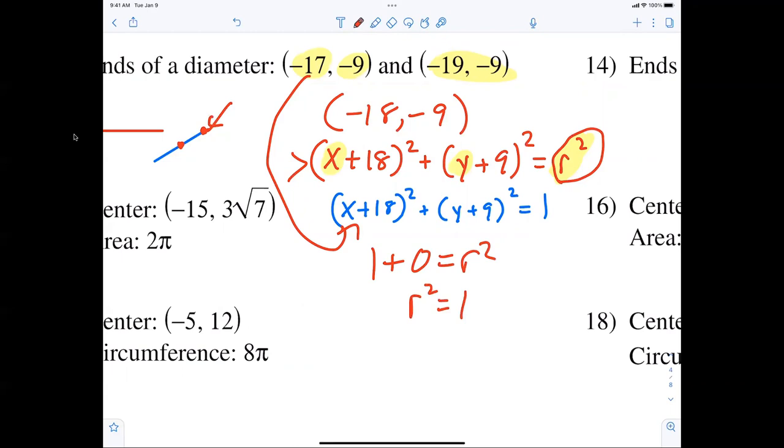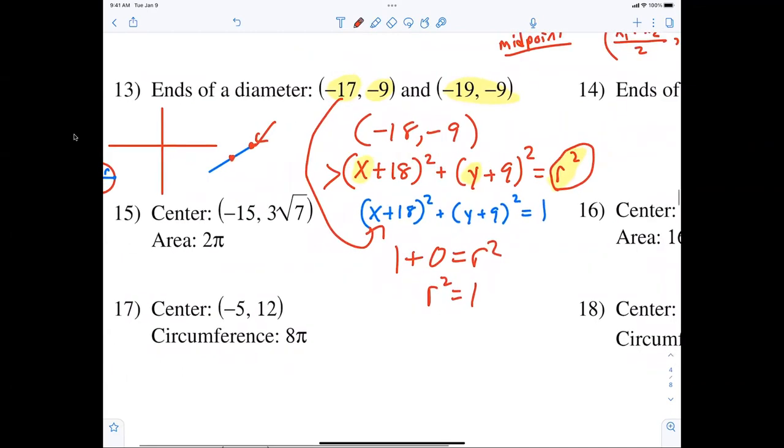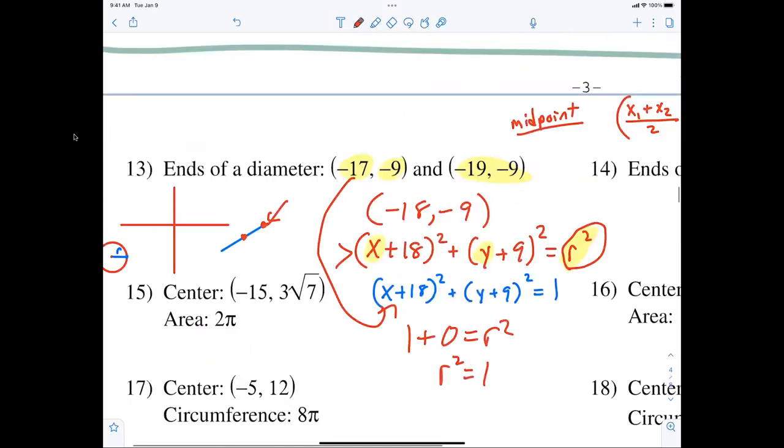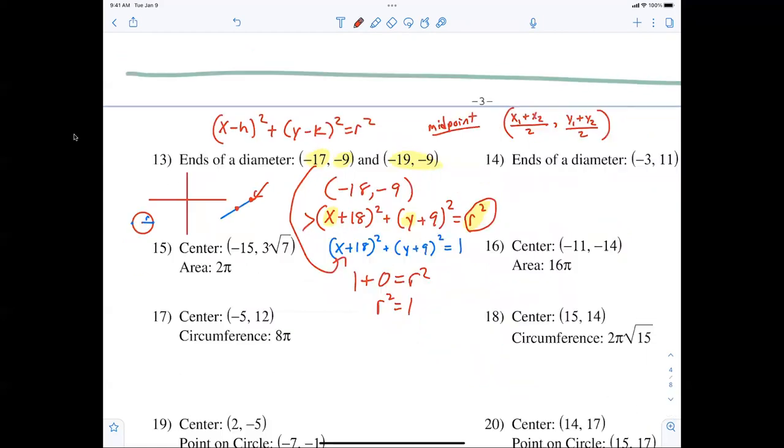Again, I'm trying to show you because I think it's logical. Some of you might be saying the equation is kind of a tricky thing to remember, and I'll give you that. But once you come up with that formula, these problems over here should be relatively easy.